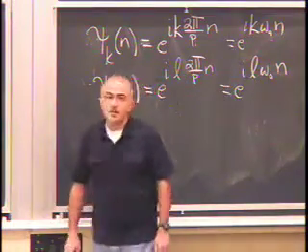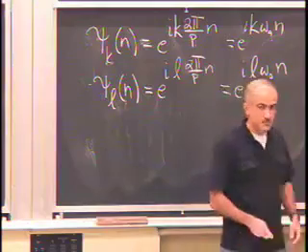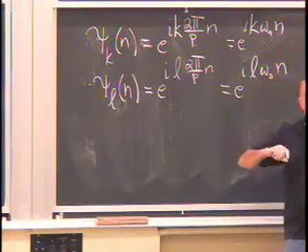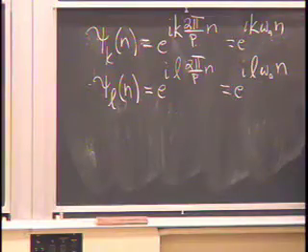Now, with periodic signals, obviously they extend all the way from minus infinity to infinity. But we only have to deal with one period. And one period looks like just a vector, a p-dimensional vector.